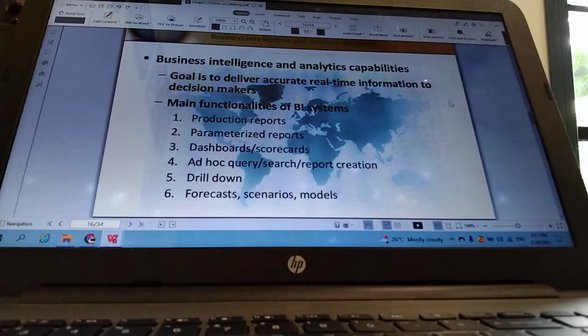So the functionalities of the BI systems are such as in producing reports that you can use for decision making, parameterized report, maybe very special or specialized or customized report for a special action to be taken, special decision to be made, or generally all BI systems will have dashboard.